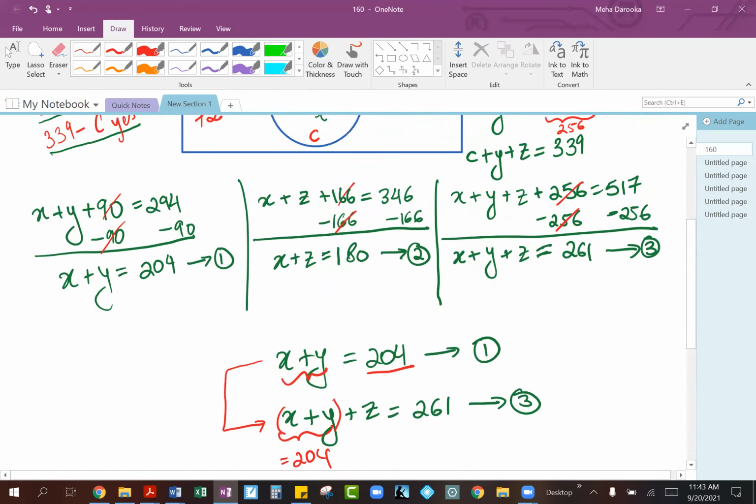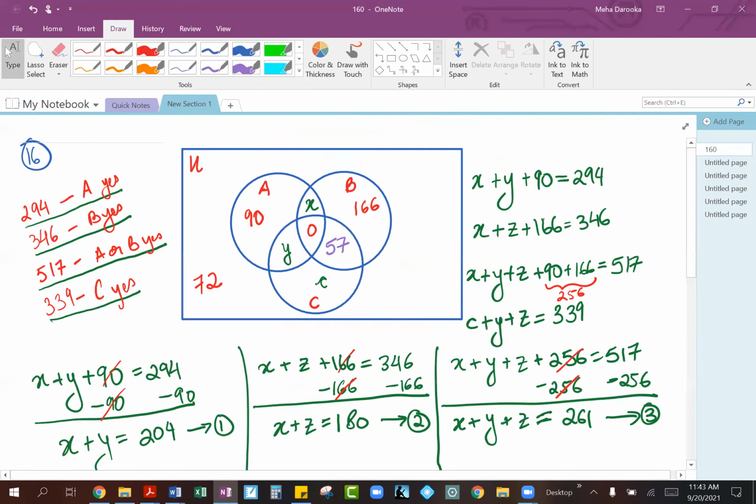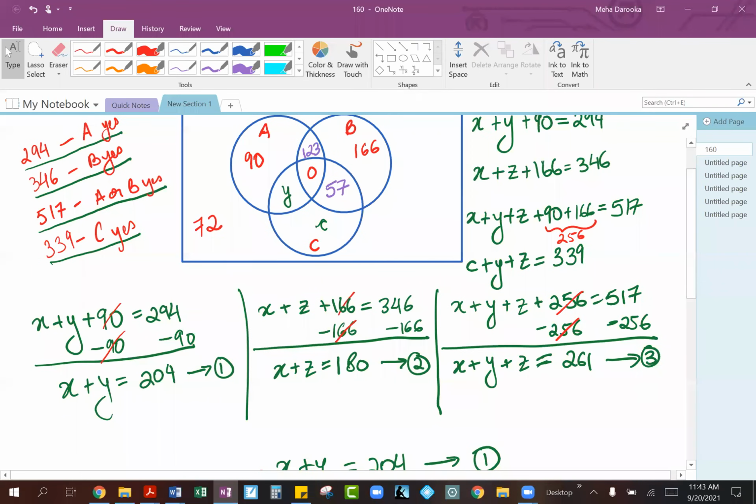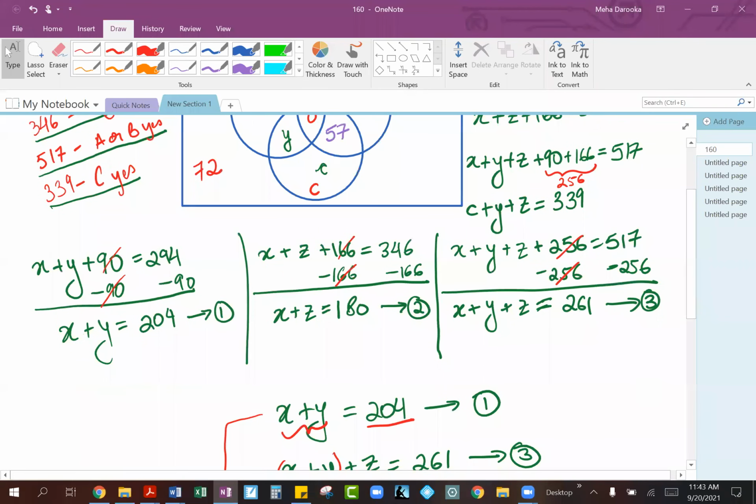X is 123. So coming back to our circle over here, let's go with, ooh, I don't have enough space. 123. All right, so now we have x and z. So where do we go next, guys? Equation 1. Equation 1, very good. So we can find out what the y value is this time since we know the x value.